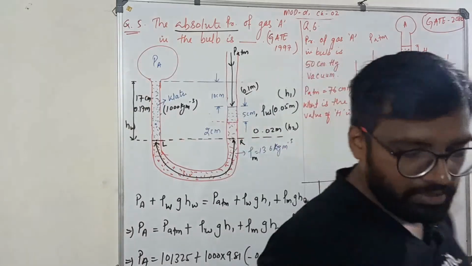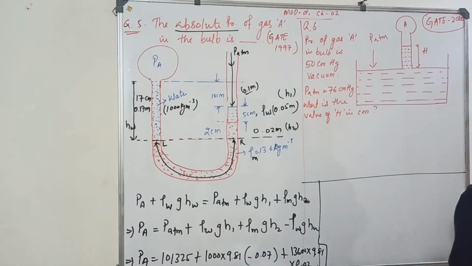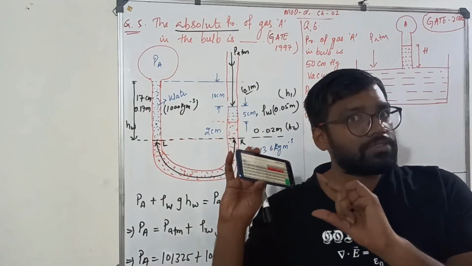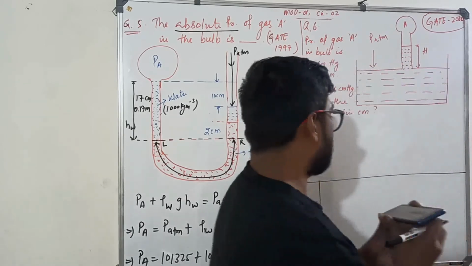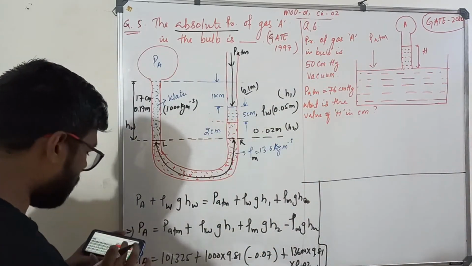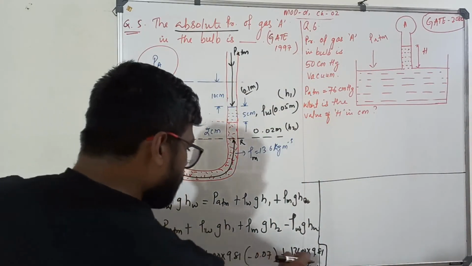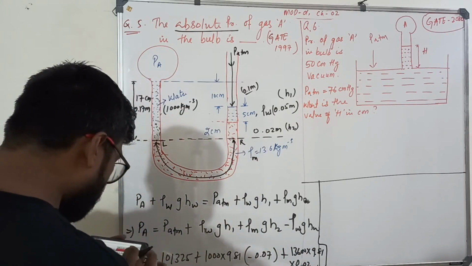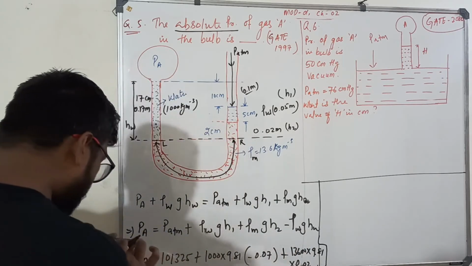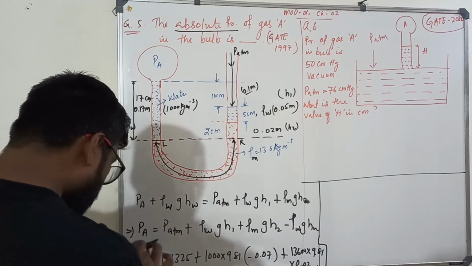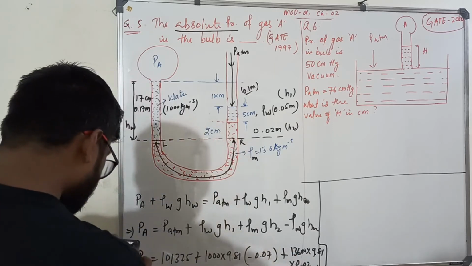Now what we'll do, we are going to use the virtual calculator. Now start solving this. 13,600 multiply 9.81 multiply 0.02.